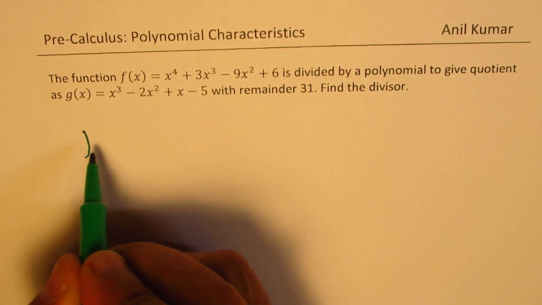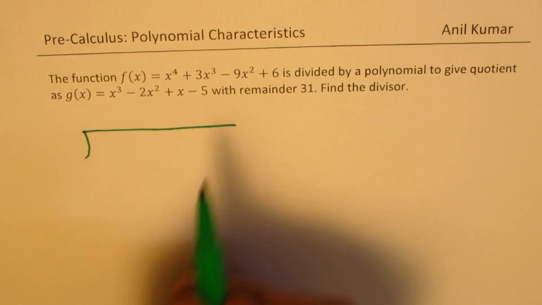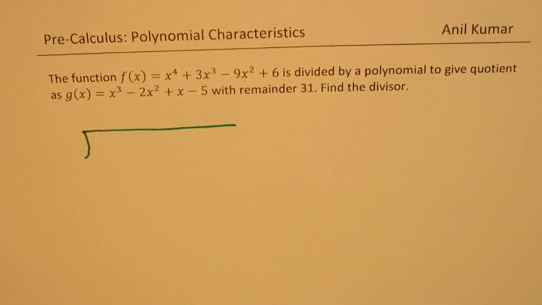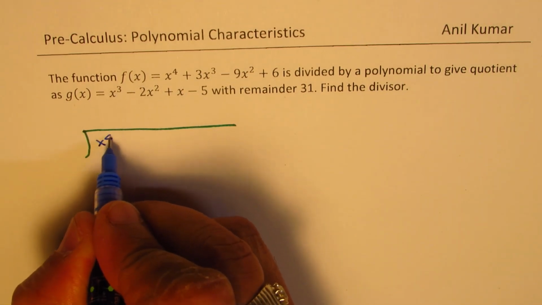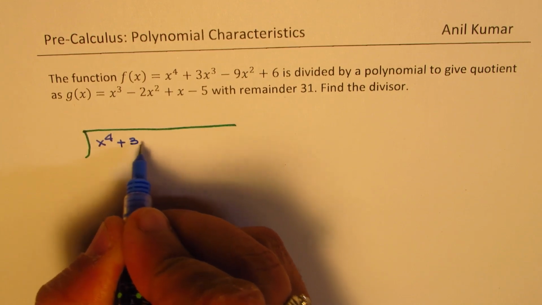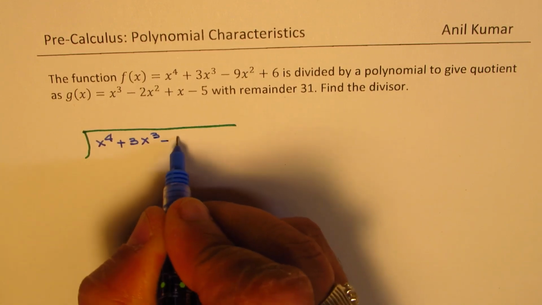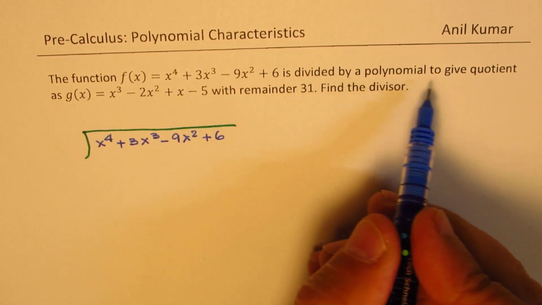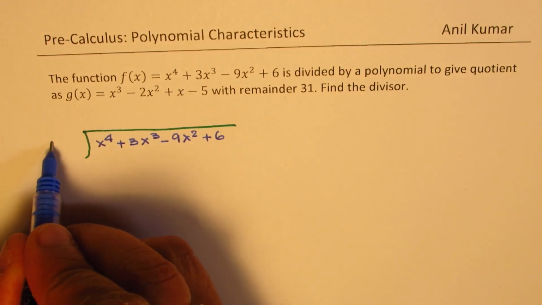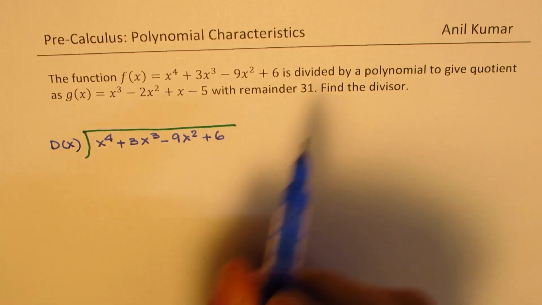So I'll show you with the help of a division what is actually given to us. It says the function f of x, which I'll write here, is x to the power of 4 plus 3x cubed minus 9x squared plus 6 is divided by a polynomial. We don't know what the divisor is, so I'm just writing d of x for divisor, right?